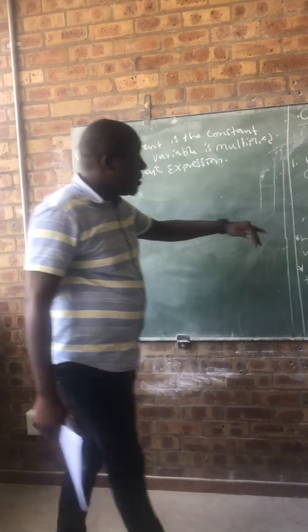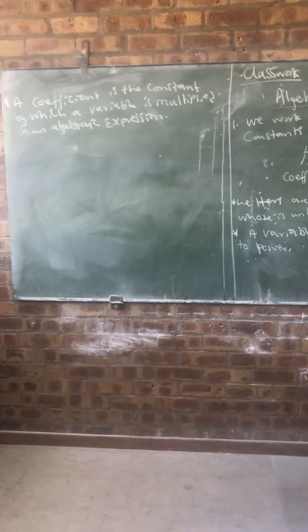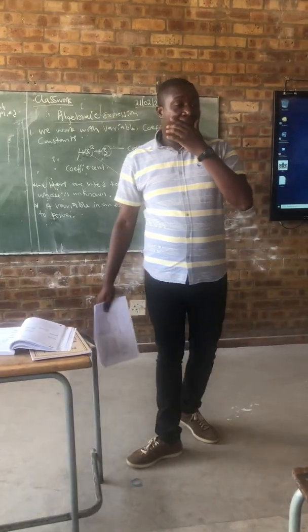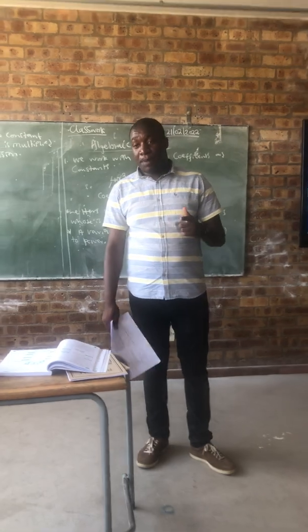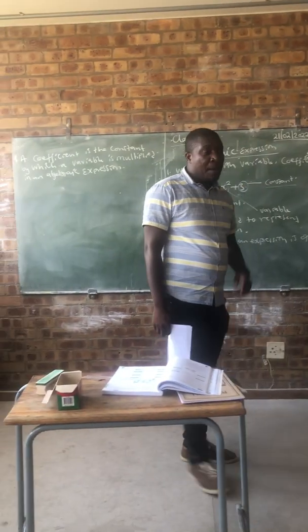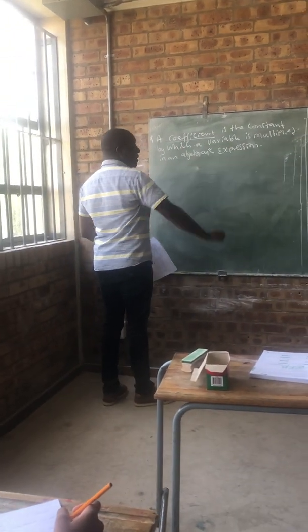So which is this number? Which is 4. 4 does not differ much from 3. But they differ in such a way that the 4 multiplies the variable. Immediately when a number multiplies a variable, that number is not a constant, but we refer to that number as a coefficient.